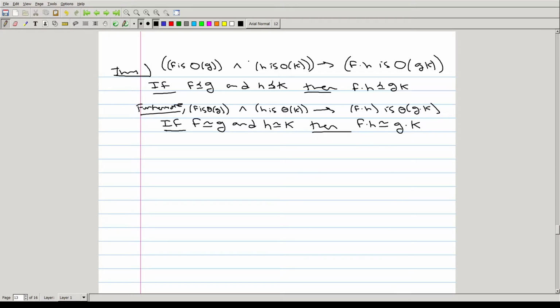So both of these are super important, but we also have one more part of this theorem.